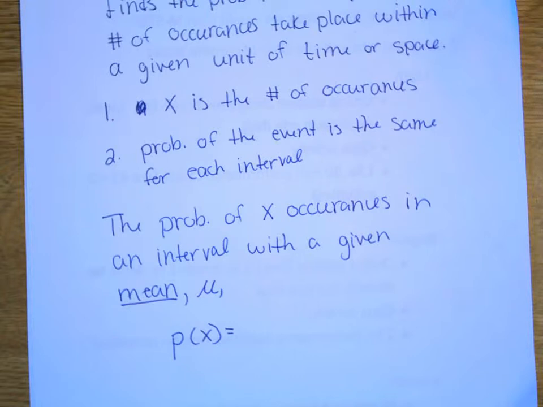On average, this is how many occurrences happen in this interval. You're going to see the word mean somewhere in the given information. That's going to tell you it's a Poisson.